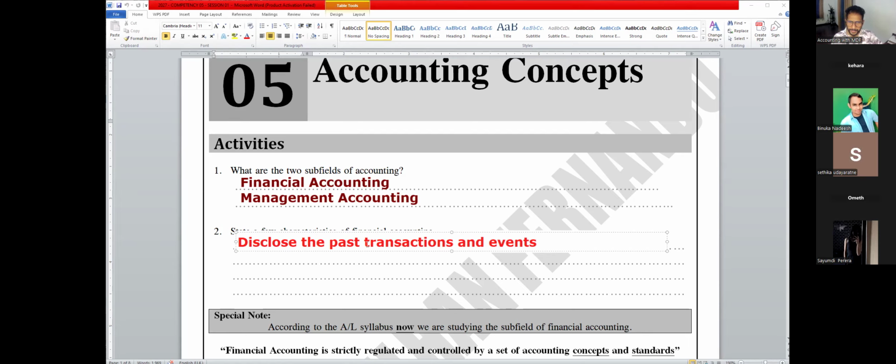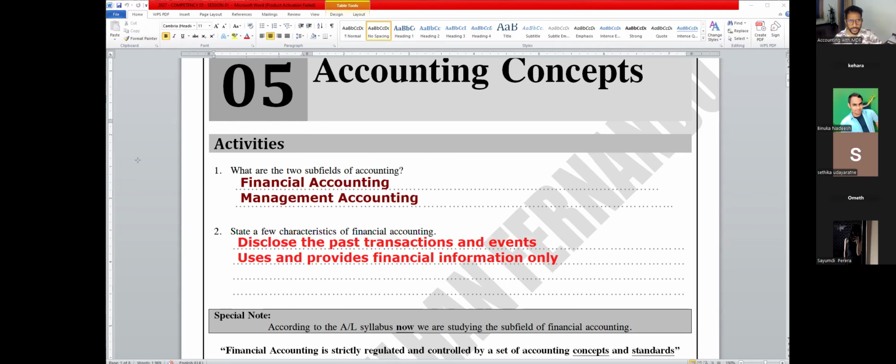Then: uses and provides financial information only. So in financial accounting, please note that it uses only and provides only financial information. It doesn't provide any non-financial information through financial accounting.